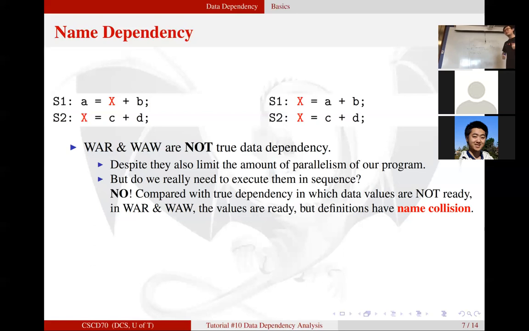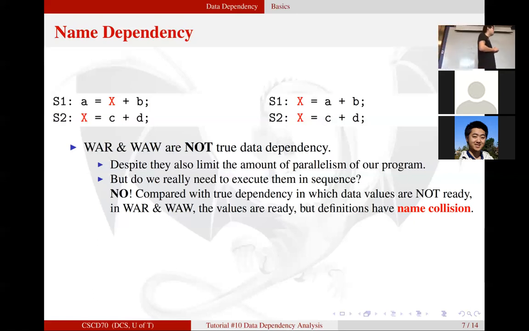The reason why we have these dependencies is simply because of name collision. For the example on the left-hand side, the reason we have this dependency is that we reuse the variable X in S2. Similarly, in write after write, S1 and S2 are using the same variable.